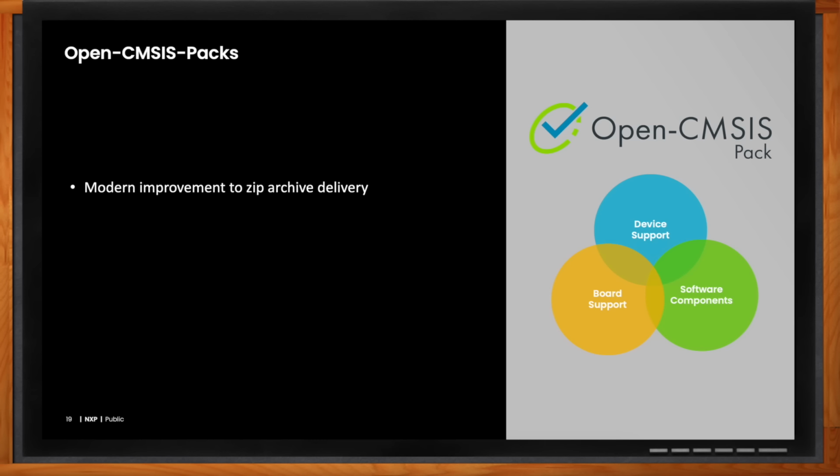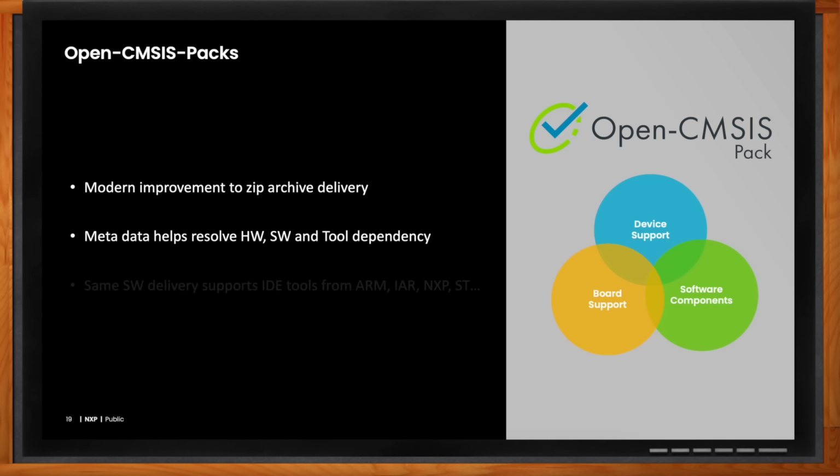So what they've done is they've taken this traditional method, but now they store metadata inside of these packs. And with that metadata, they're able to provide information on dependencies. And what is good about that is when they're delivering it, the tools will be able to see, oh, I require this pack, or I need this software. And the user doesn't have to know that. It's all included inside of the Open CMSIS pack.